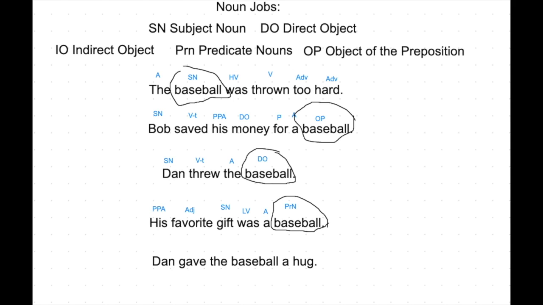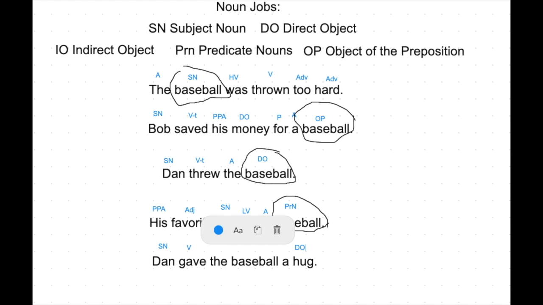Let's look at the last sentence. It's a silly sentence, but it is grammatically correct. Dan gave the baseball a hug. Who gave the baseball a hug? Dan, subject noun. What is being said about Dan? Dan gave, verb. Dan gave what? A hug, direct object. Actually, let's verify. Do hug and Dan mean the same thing? No, of course not.